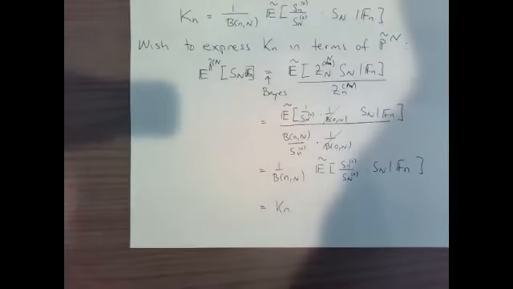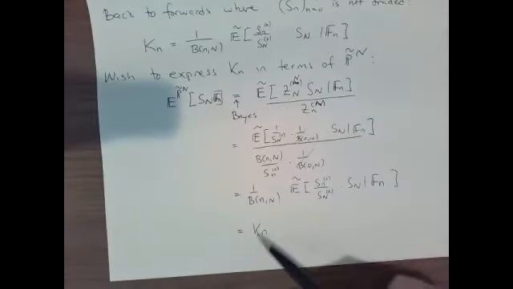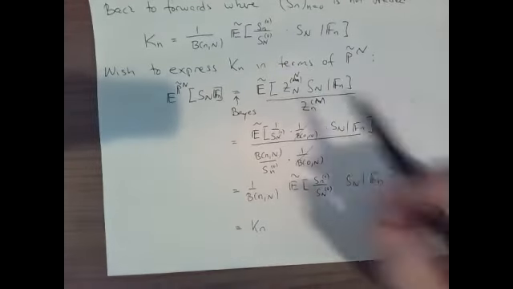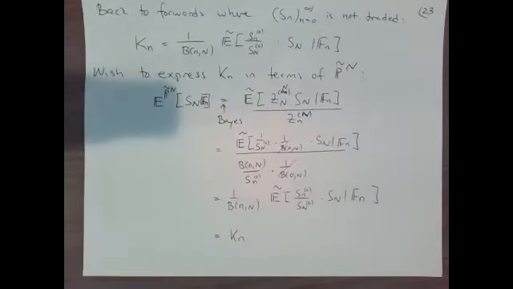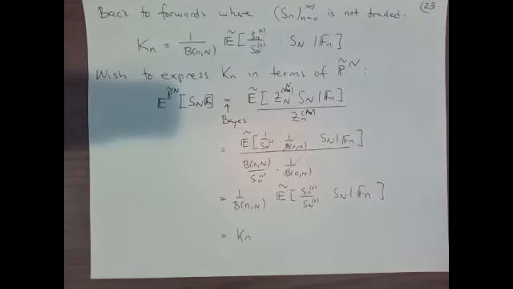So this formula here is a thing that will be used over and over when it comes to forwards written on an underlying that is not traded.